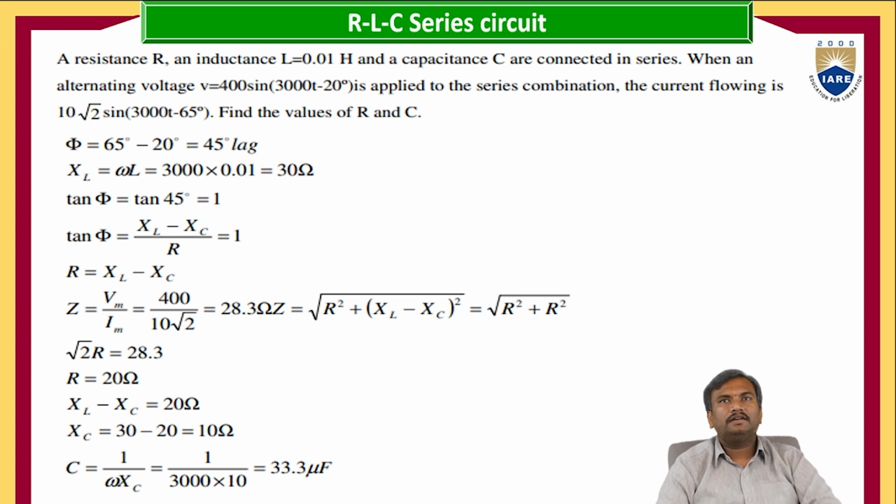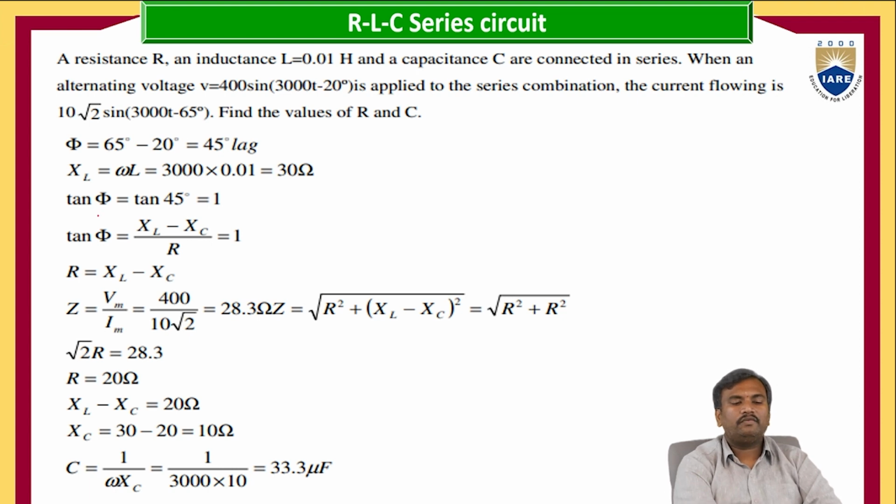So here, for calculating the values of R and C, first let us take the phase angle difference, where phase angle difference phi is equal to 65 minus 20, which is equal to 45 degrees, and we are getting this as lagging condition. And now XL is equal to omega L, where the omega value is given as 3000 into L, that is 0.01, that is equal to 30 ohms.